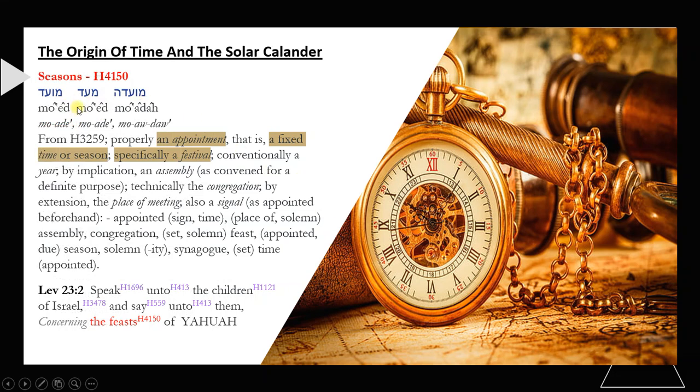The Hebrew word is mo'ad or mo'adah, and some people pronounce it mo'ed, okay? It comes from the strong word H3259, and look at what it means. It means an appointment, a fixed time, specifically a festival.